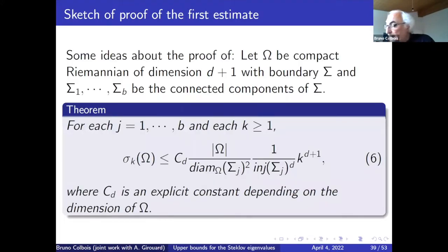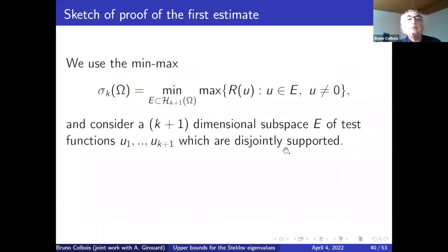I think I have a couple of minutes, and I will try to give an idea of the proof of the first result that I recalled here, to show you the type of geometrical methods that we use. The point is we want to construct an upper bound for the k-th eigenvalue, and as I told you, we use the min-max. The idea is to choose a good subspace of dimension k plus 1.